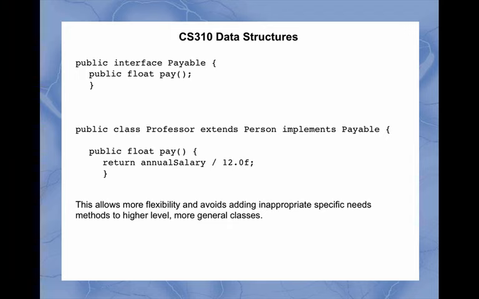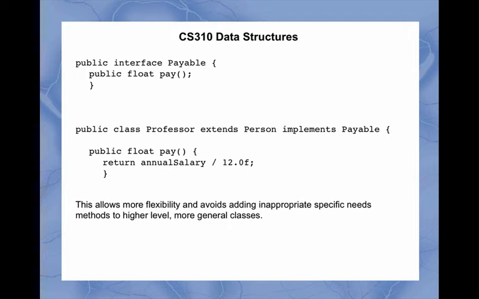Thus, we can put Payable in the classes where it makes sense. So in a sense, what we're doing here is class Professor derives from Person and also derives from Payable. Payable is a slightly different type. It's not an abstract class, rather it's an interface.